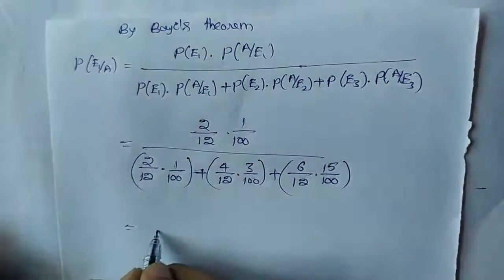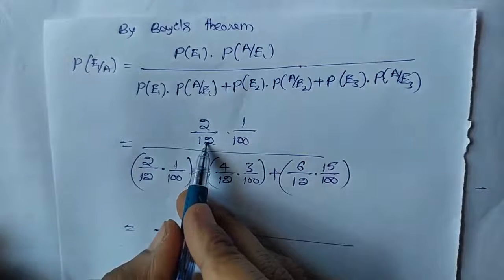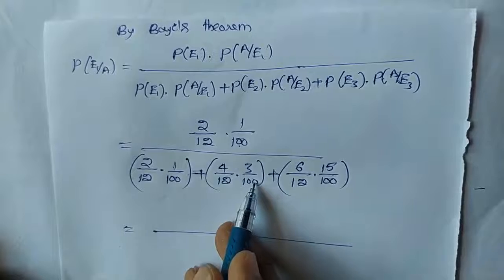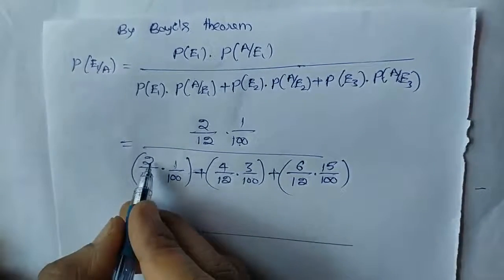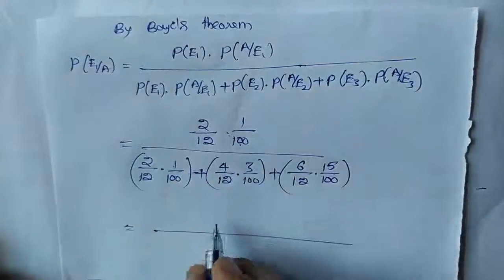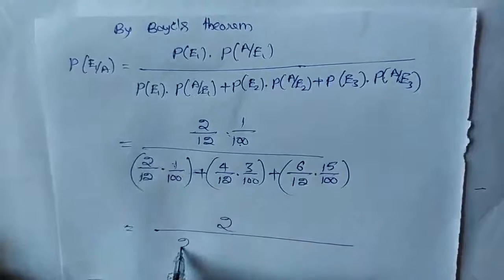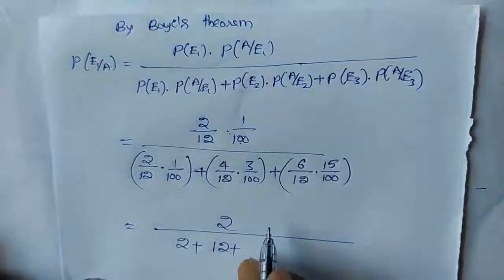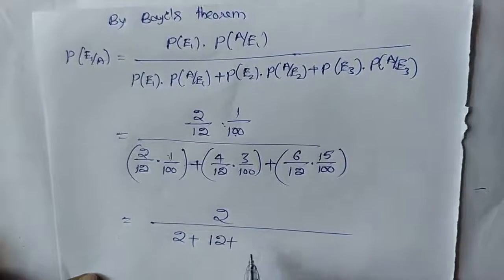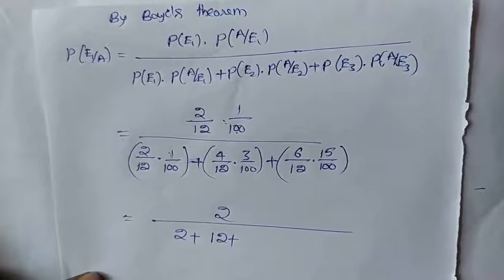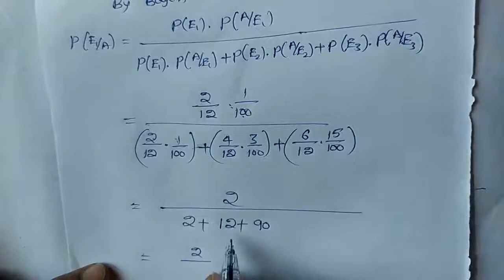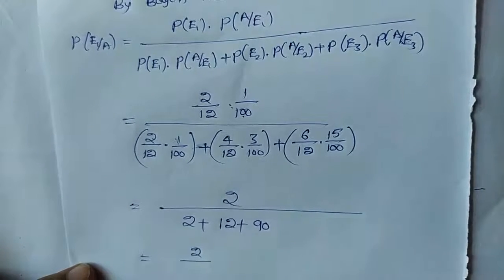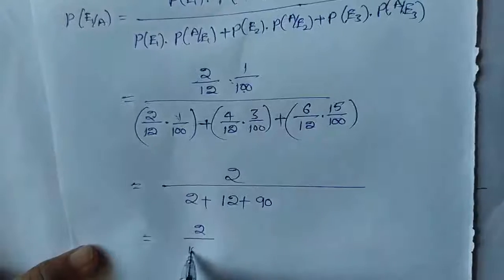That is equals to, the LCM of the denominator is 12 into 100. It can be understood that that will get cancelled. So directly I am writing 2 into 1 is 2, divided by 2 plus 4 into 3 is 12 plus 15 into 6 is 90. So that is equals to 2 divided by 2 plus 12 is 14, 14 plus 90 is how much? 104.